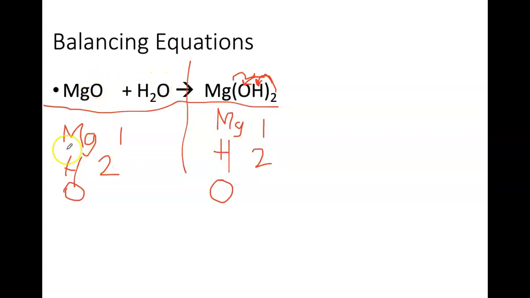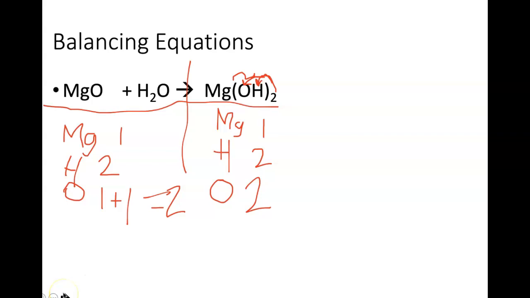Now if I take a look at my oxygens, I have 1 plus 1 oxygen, because MgO, that's 1. H2O, that's 1. So that's going to be 2. And here I've got 2 oxygens also. So this equation is balanced as written. I don't need to add any coefficients to this equation.